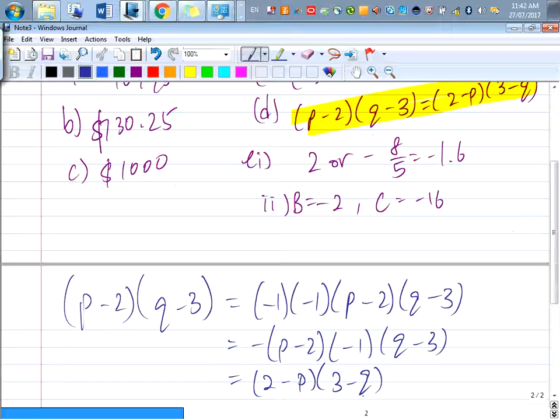Okay, do you all see why they are the same now? The one that is highlighted and the one on the second page.